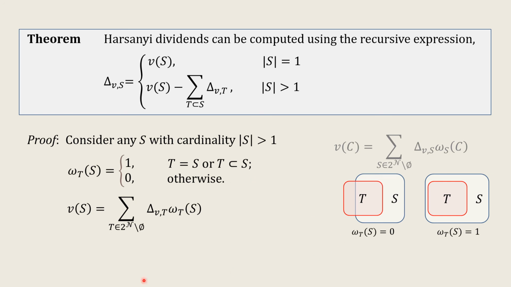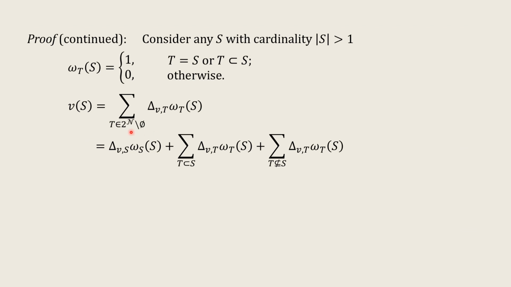And as before, I'll use this expression for the value of S. V of S is the summation over all possible subsets T, delta T, omega T, S. So this is what I have. Now this summation, I'll divide it into three different parts. First part is when T equals S, so that's delta S omega SS.